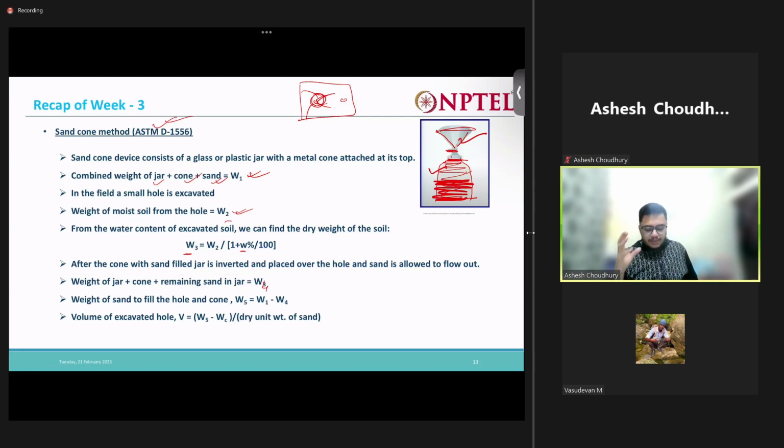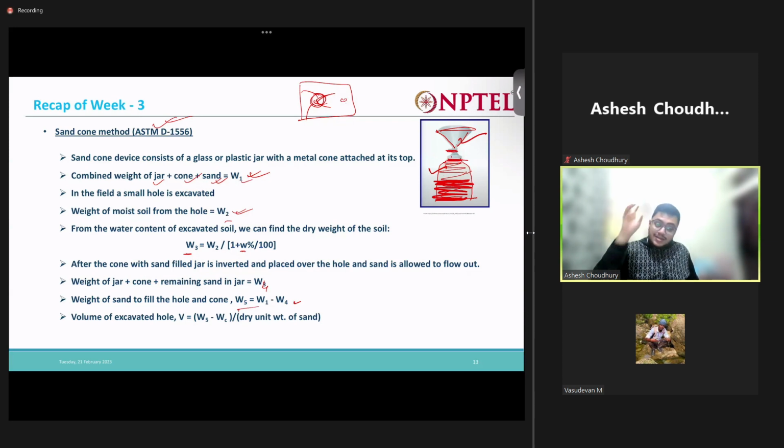So how much sand has actually filled the cone and the hole in the ground? How can we find that out? If we deduct W4 from W1, we get the amount of sand that has filled our hole and also this cone. We call that W5.